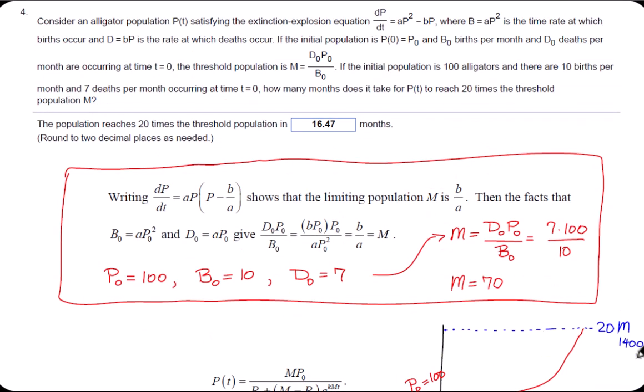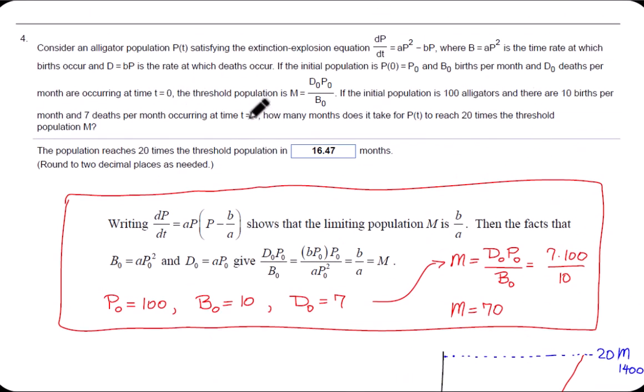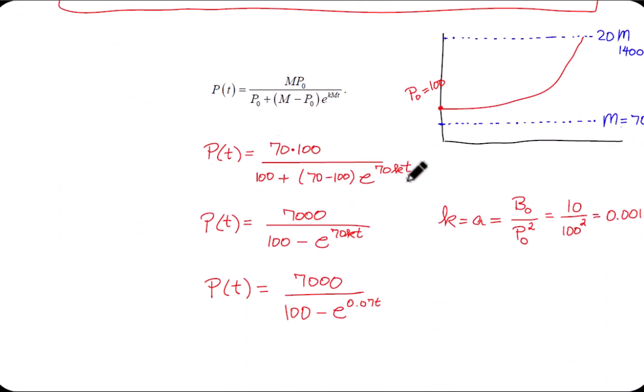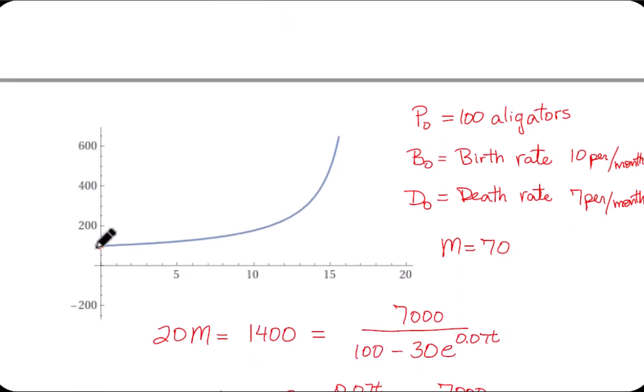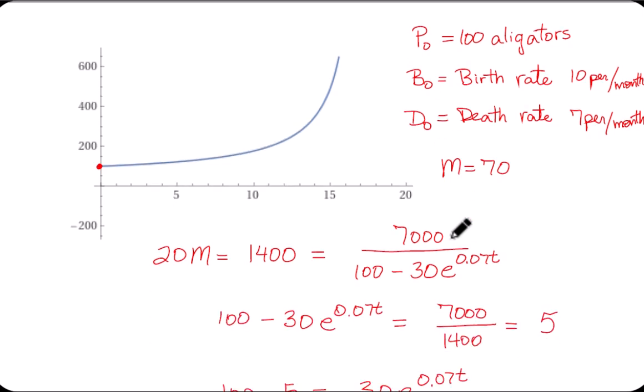Okay, so again, that's looking at this situation: starting off at 100, it's growing, with the birth rate, death rate, and threshold of 70.